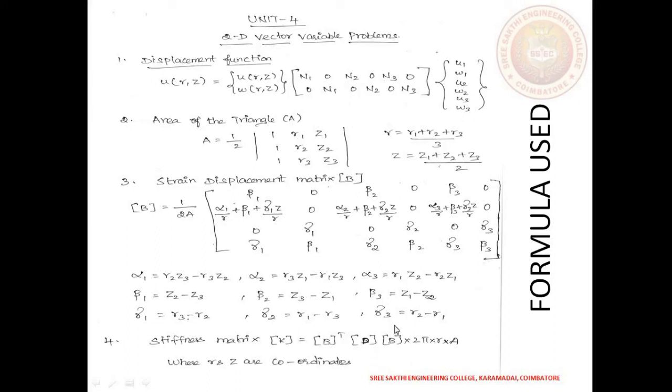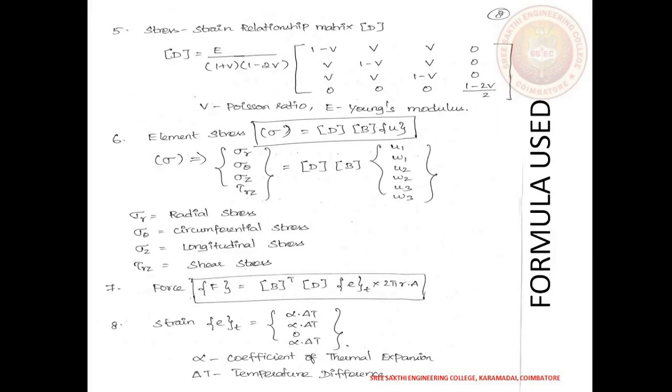The next one is the D matrix. The D matrix is calculated by this formula. Then D transpose is nothing but the row transformed into a column. So that is D transpose. The next one is the D matrix. The D matrix is nothing but the constitutive matrix. Okay. So the fifth one is the stress strain relationship matrix or constitutive matrix. That is D is equal to E divided by 1 plus mu into 1 minus 2 mu.